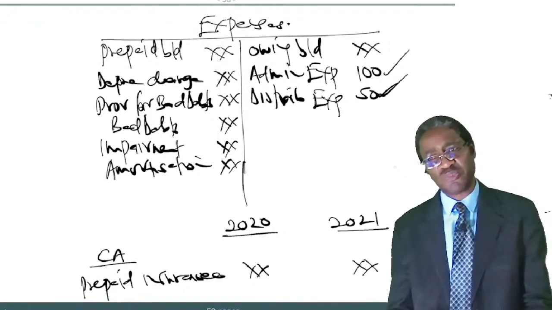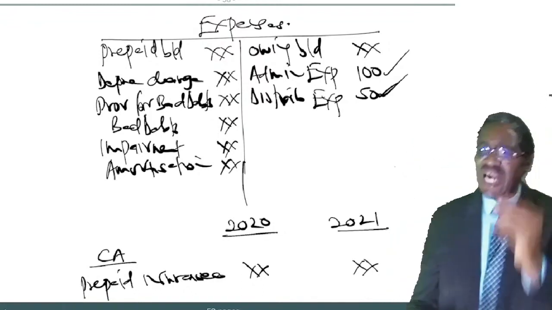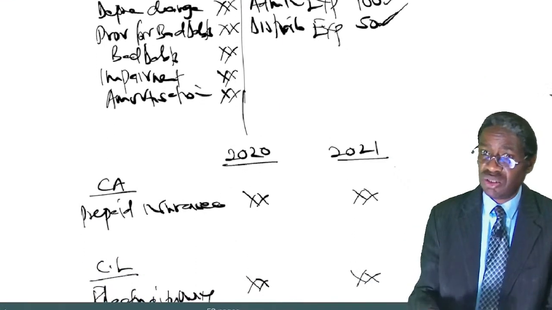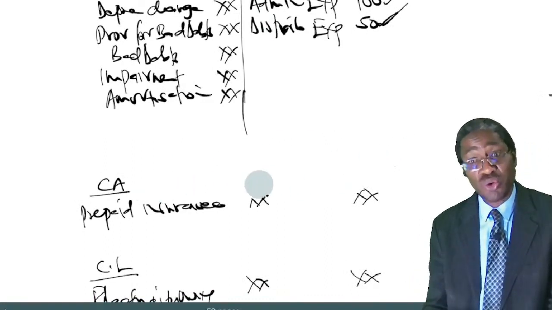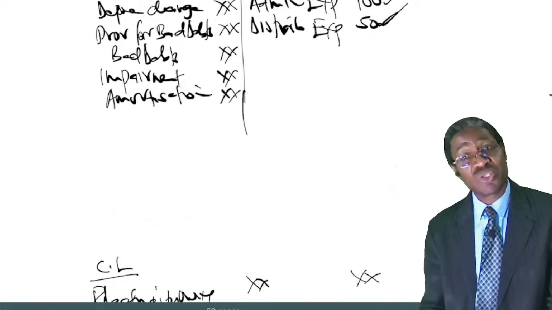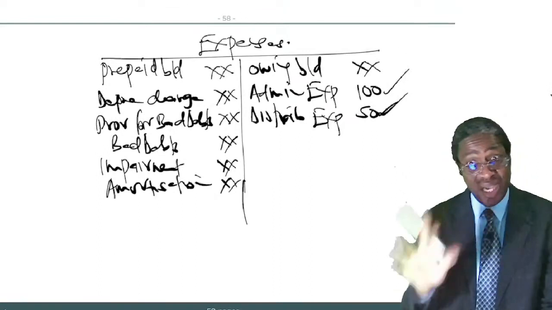Listen carefully. When it comes to loss on disposal or a gain on disposal, there are times you will use them in this account, and there are times you will not use them in this account.